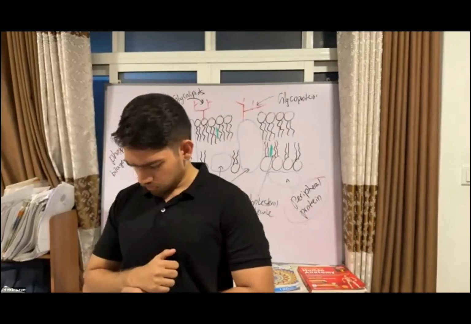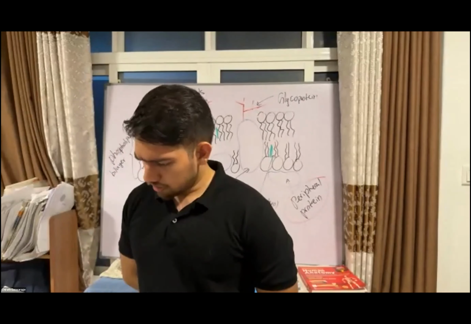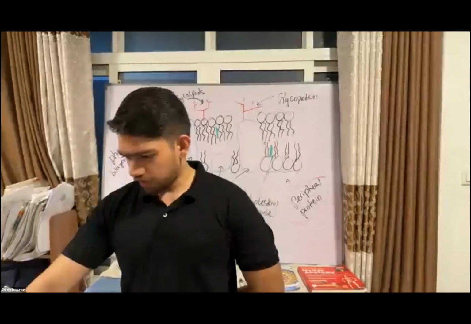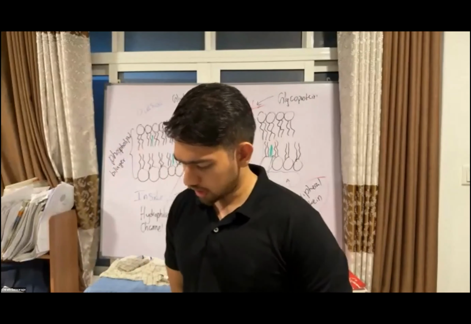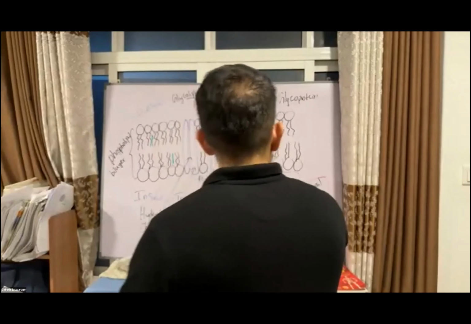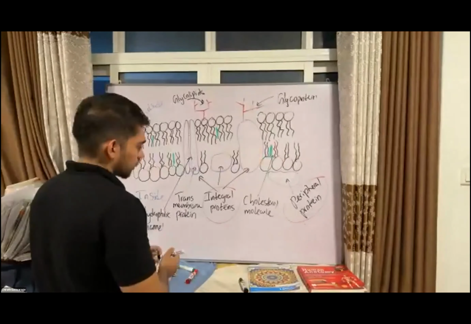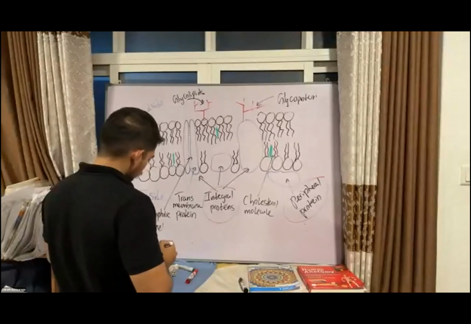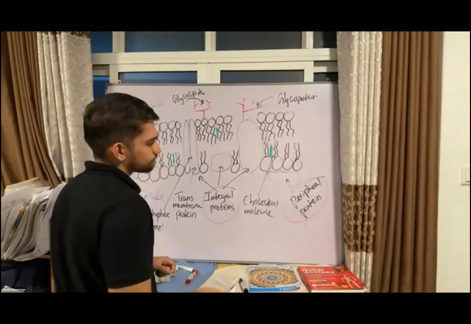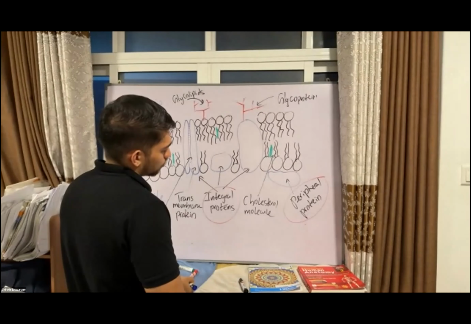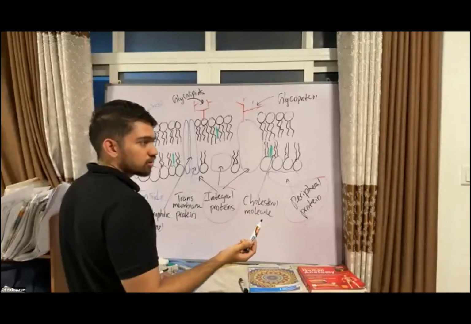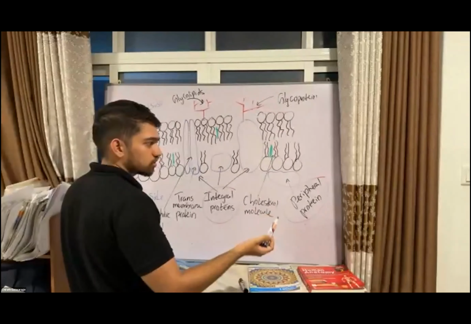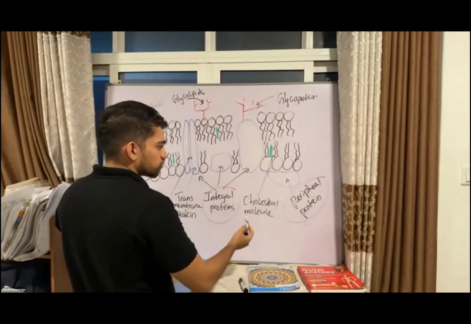Some proteins in the cell membrane can attach to cytoskeletal fibers and help to maintain the shape of the cell. So we'll talk about this. Inside the cell, we have sort of a scaffolding, right? When you are building something, that is an internal supportive system.